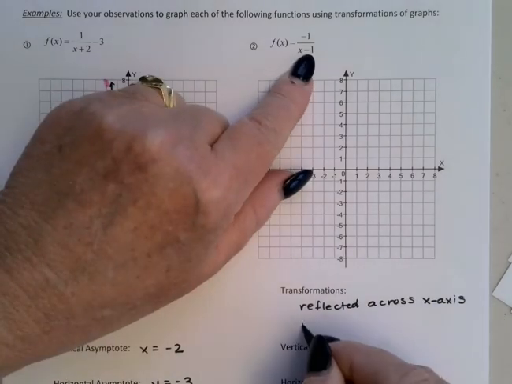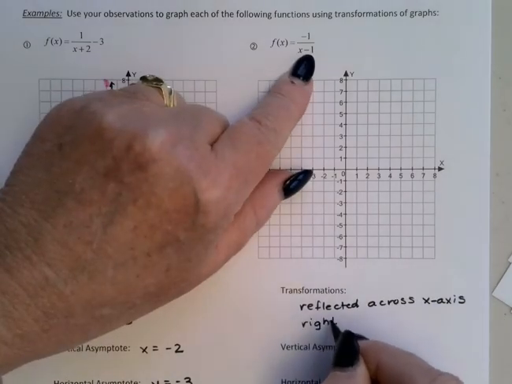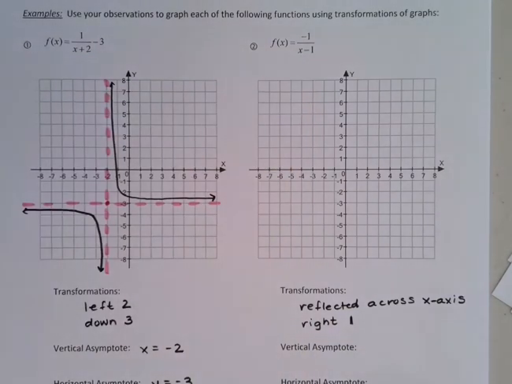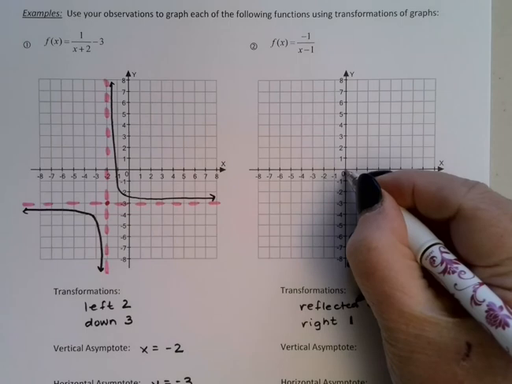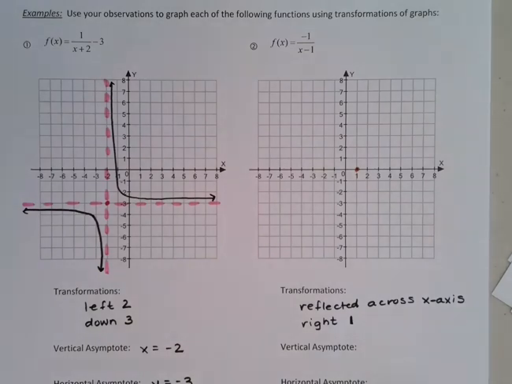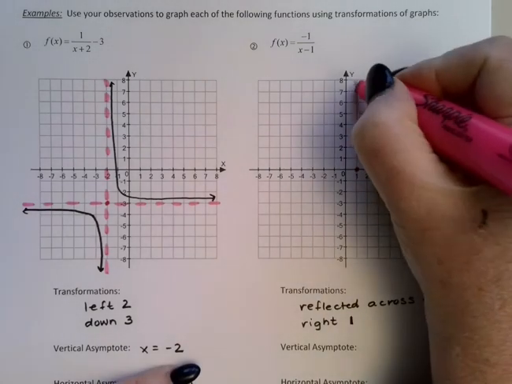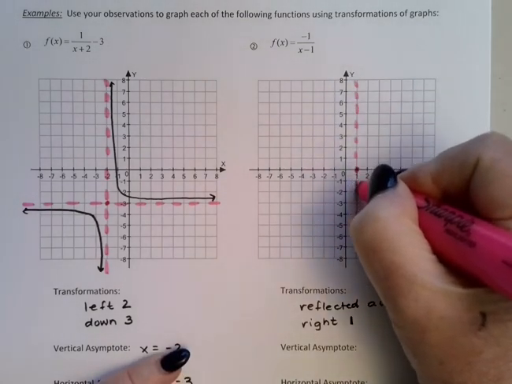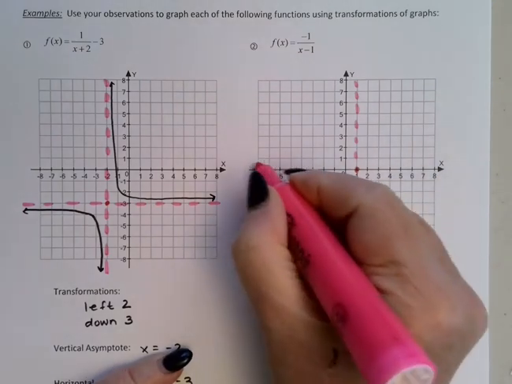This also gives me to the right 1. So again, I'm going to take the point where the asymptotes cross, which was originally at the origin, and I'm just going to move it to the right 1. I'll draw both a vertical and a horizontal asymptote through that point.